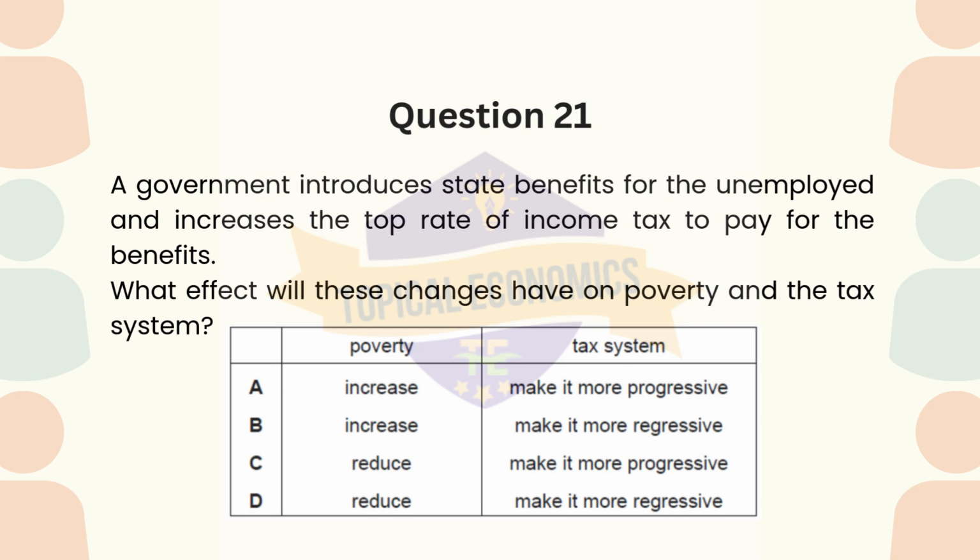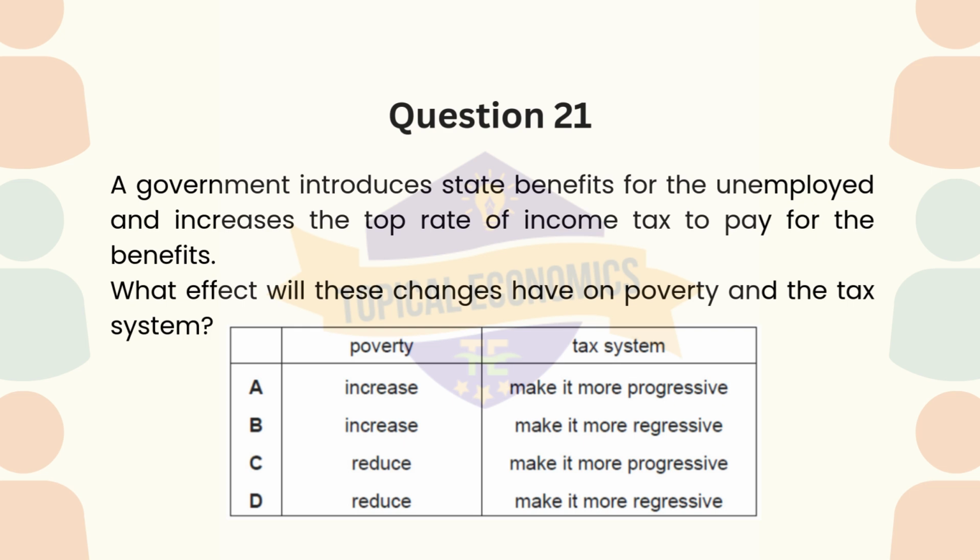Option C, reduce poverty, make it more progressive. Now this is correct because introducing state benefits for the unemployed is likely to reduce poverty by providing financial support. Increasing the top rate of income tax makes the tax system more progressive as higher earners contribute a larger percentage of their income. So this is the correct answer.